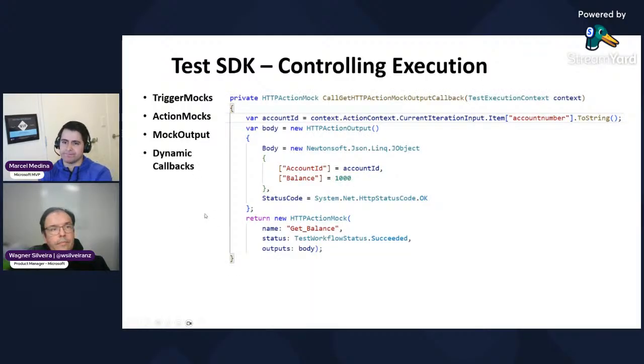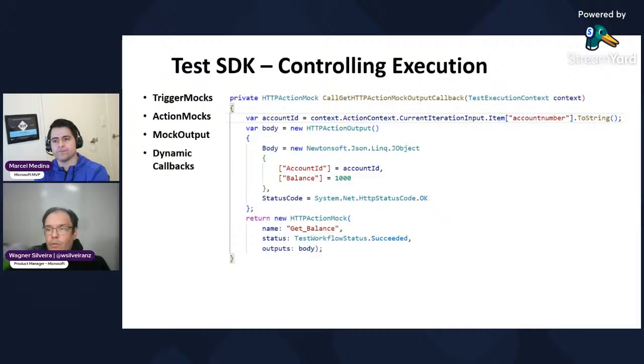Cool. Dynamic callbacks are another super important thing that I didn't have a chance to show, but maybe we can do a special session just about unit tests later. The idea of a dynamic callback is that you inject a function to be run at the point where it's called inside the workflow.